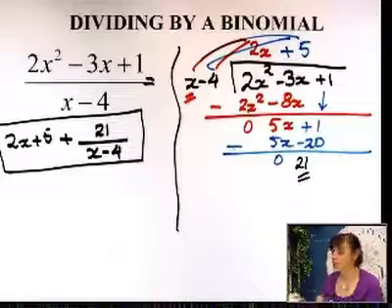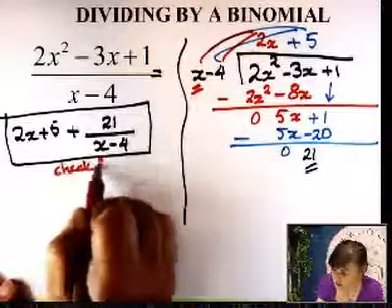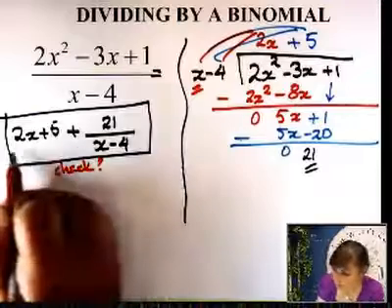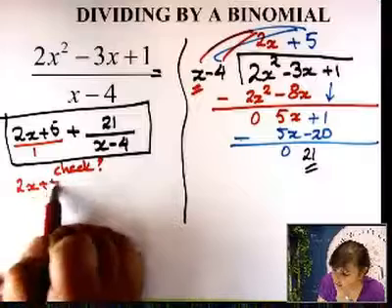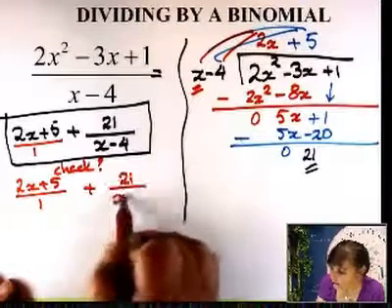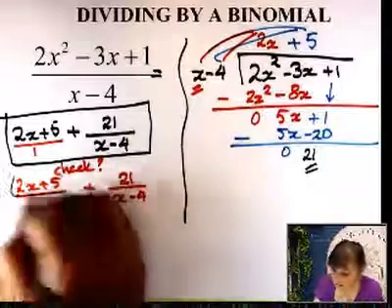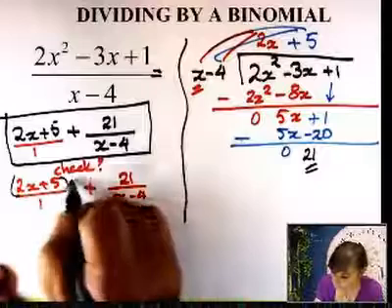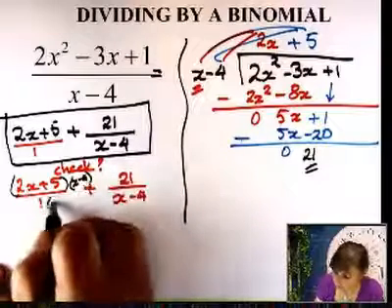How do you check something with a remainder? This is what you do. You put a 1 underneath, and you need to put it in the same denominator by multiplying by x minus 4 over x minus 4.